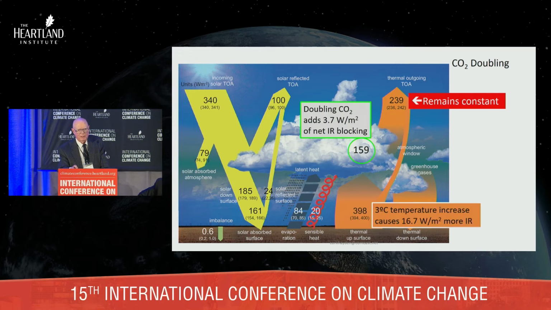But the 3-degree temperature rise would cause 16.7 more watts per square meter. It's a physical impossibility. It cannot happen. Now, a lot of people think that the laws of physics are polite suggestions. They're not. They're inviolate.